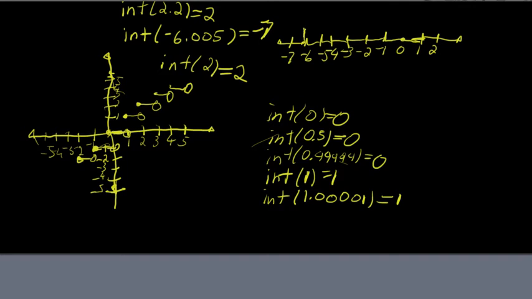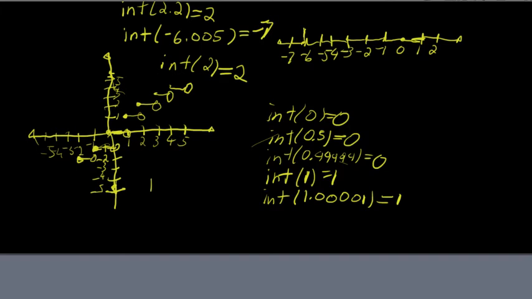So we were looking at 0.9999, 0.99999, and so forth. Well, f of x would be 0 there. Remember, the greatest integer is 0. But let's say we were approaching x equal to 1 from the right. So we're looking at 1.0001. The greatest integer there is 1.